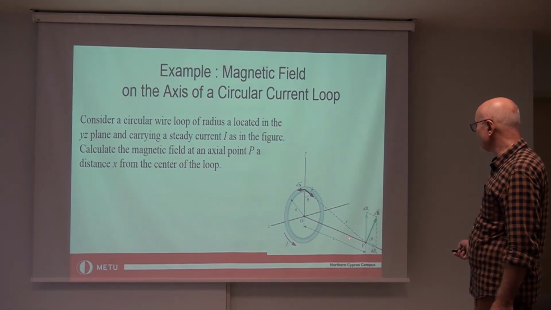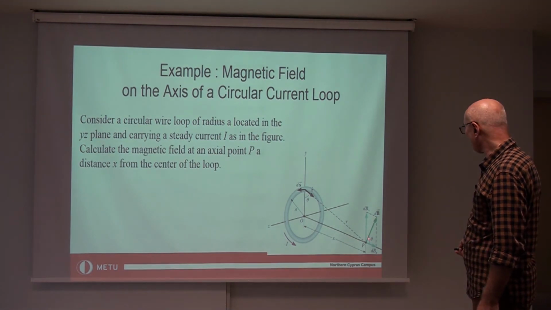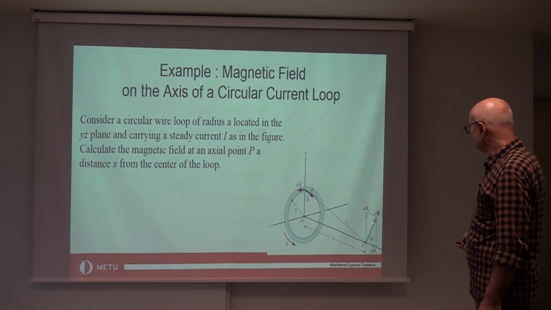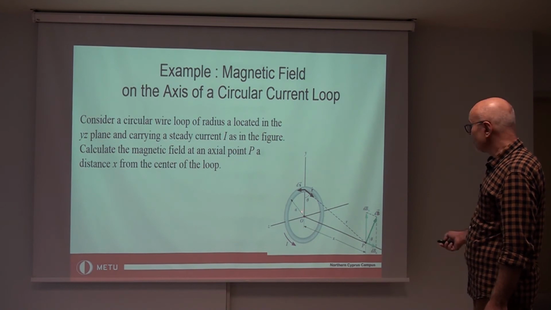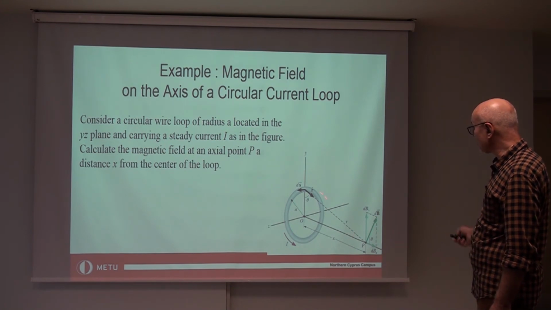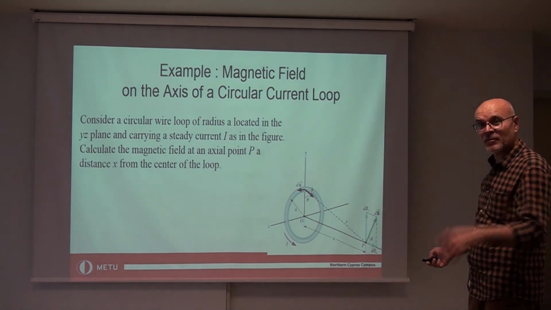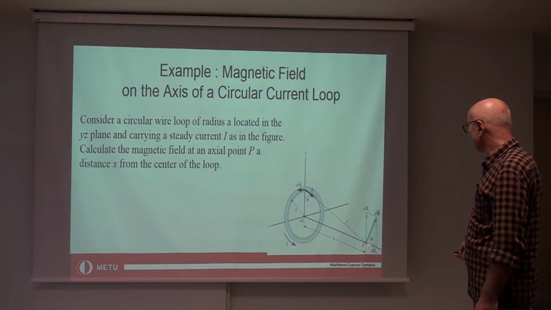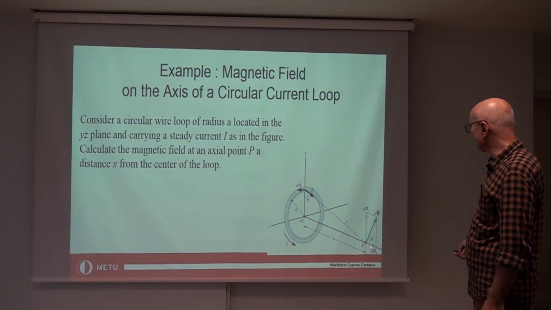You can just check by doing some trigonometry, and then you can find that dBx is dB cosine theta, and dB perpendicular is dB sine theta. Note that because this angle is the same for all points on ds, theta also is the same for all points. This is an important detail. So the component along the axis is dBx.